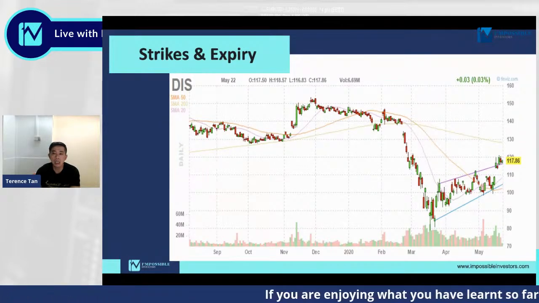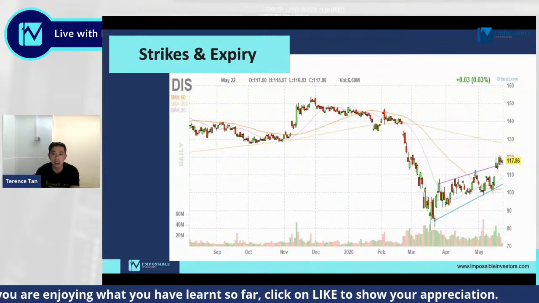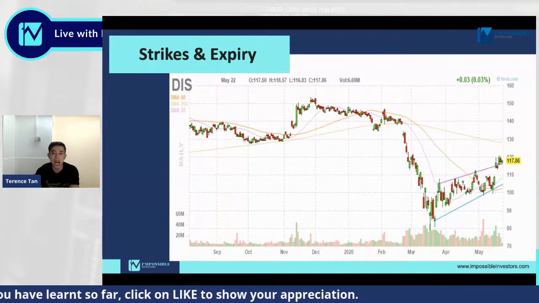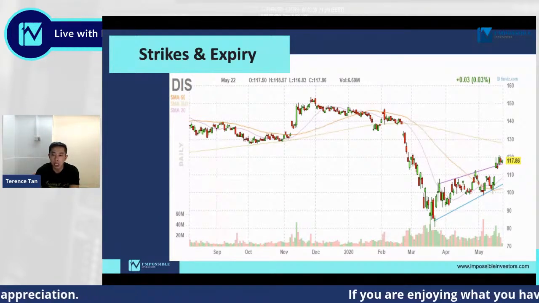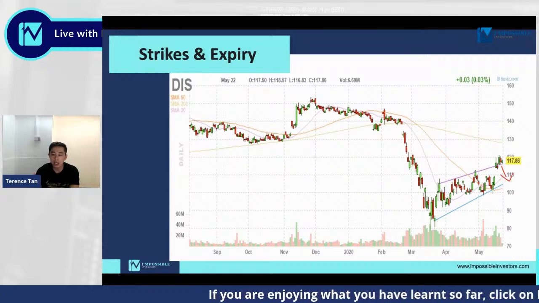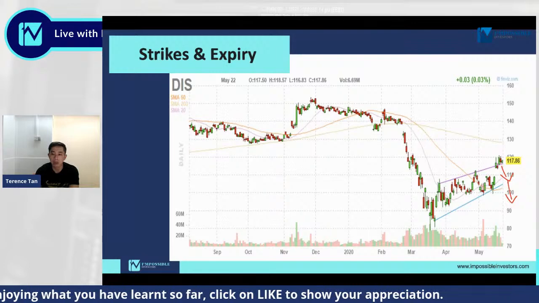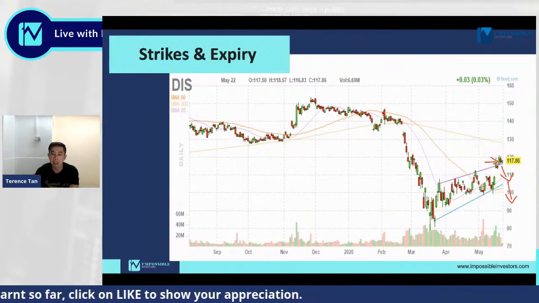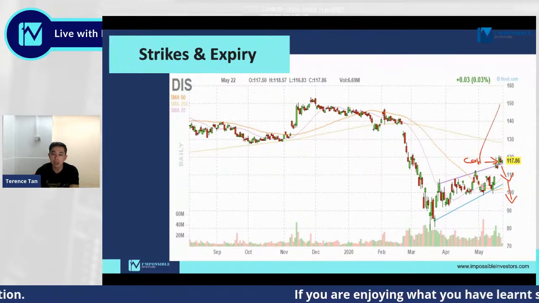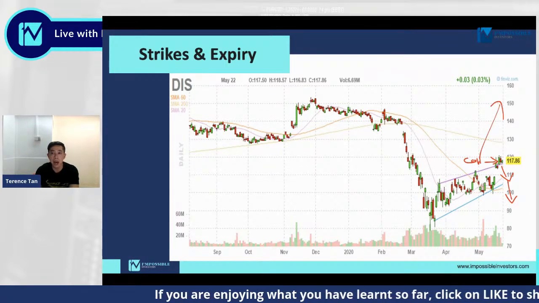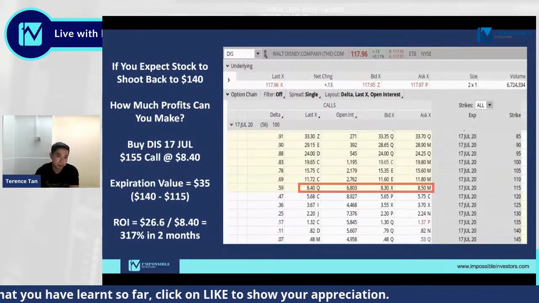So while we are clearly positive or optimistic that the breakout will continue, which means Disney may surge higher, at the same time Disney may actually come back lower into the channel and go back down as well. So this is the point where you decide, okay, I'm going to swap out to a call option, and if it continues to surge up, you can still profit anyway.